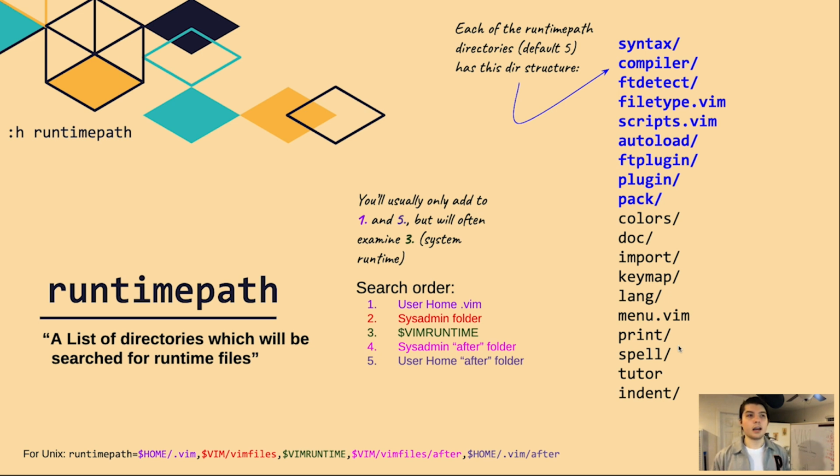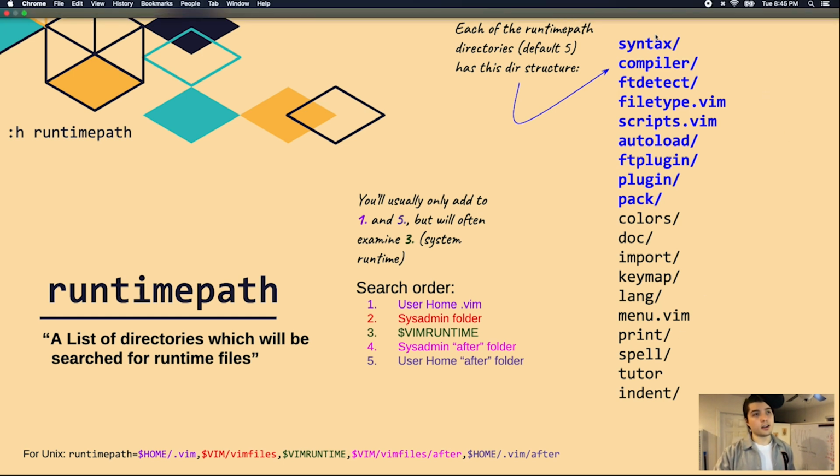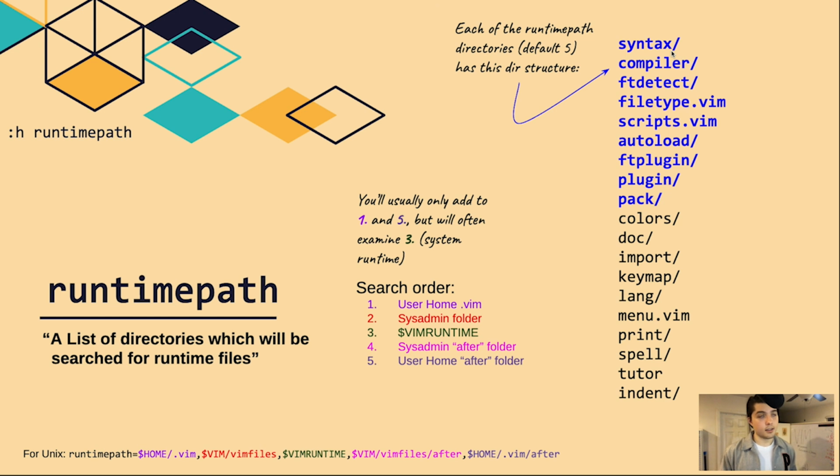So whenever you're running Vim, sometimes you'll see pretty colors. That's because you have syntax highlighting. Vim's system runtime defaults configure all of that in a bunch of scripts in your system runtime folder under the syntax folder. Similarly, you have a bunch of global plugins that are included by default, and a bunch of file type detection settings.